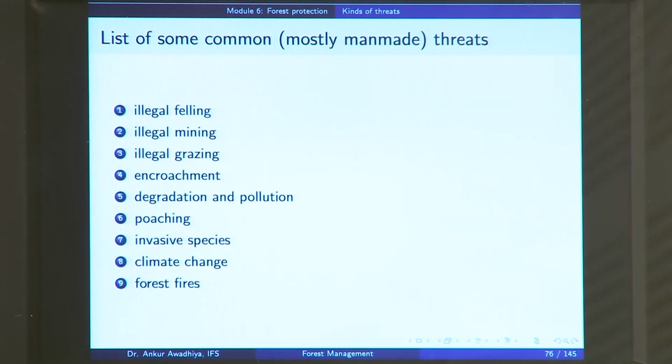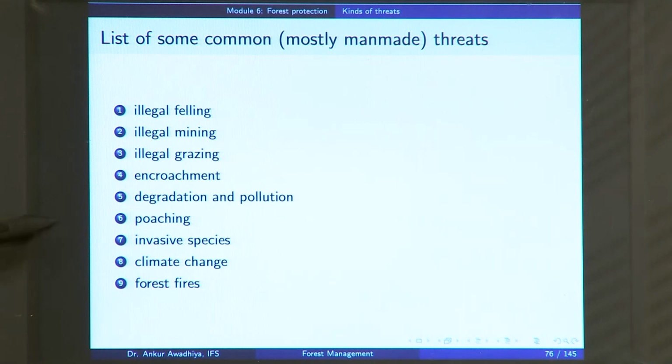So, invasive species can be brought into an area by human beings, and especially with the advent of modern modes of transportation, people are moving from one area to another in large numbers, and because of that more and more invasive species are able to reach different areas, especially in the form of seeds and spores.